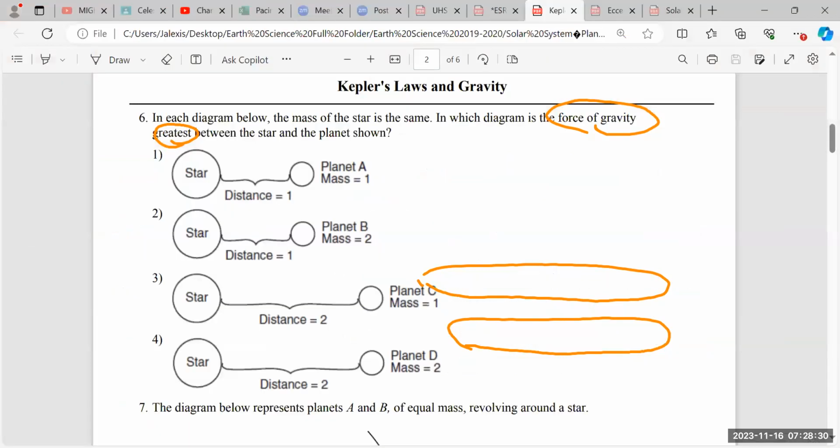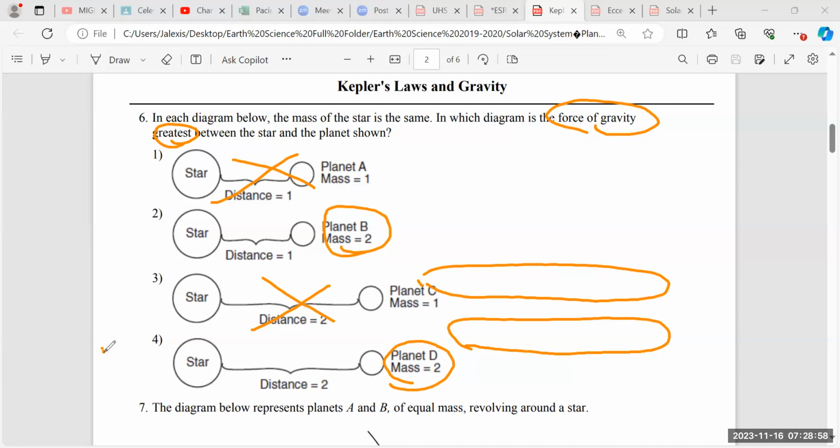All right, so when I see that, I see the greatest masses, right? So the star and planet 2 mass B. So I see a scenario that has the greatest masses, right? So right here, choice 2 and choice 4. So that means 1 is crossed out, 3 is crossed out.